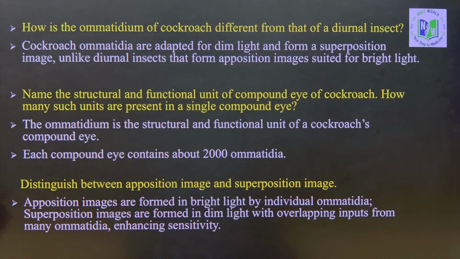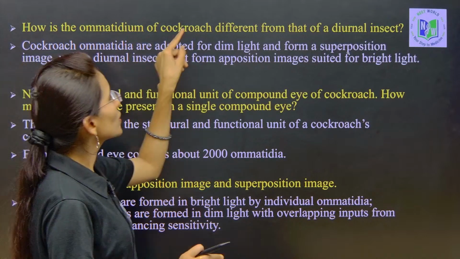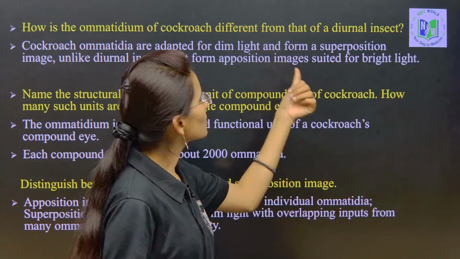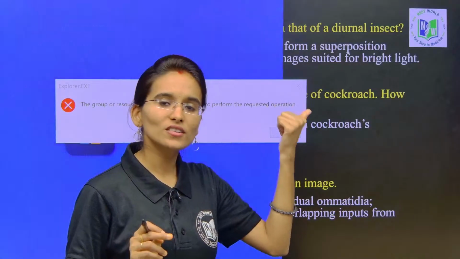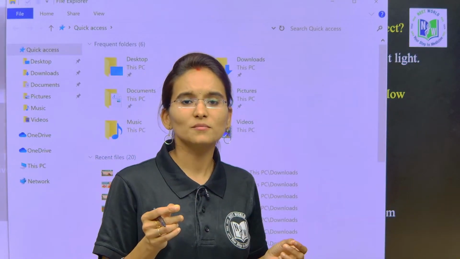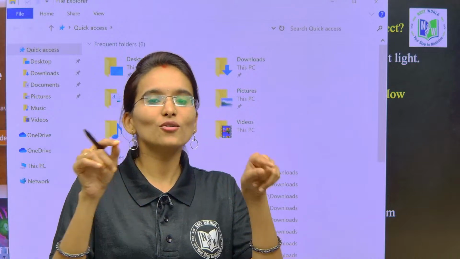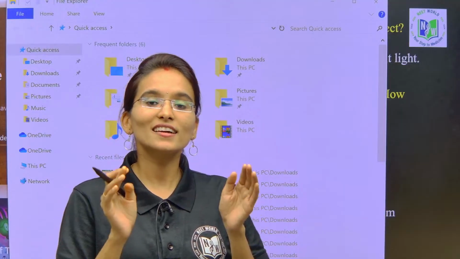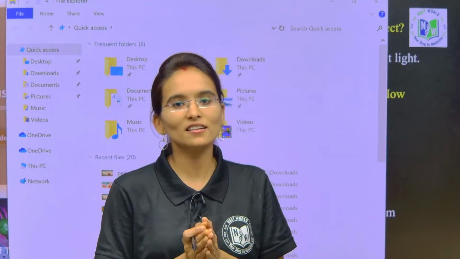And next one, look here: how is the ommatidium of the cockroach different from that of the diurnal insect? It is very simple, my dear students, we have learned the structure of the ommatidium. These are the structural and functional hexagonal units in Periplaneta americana.